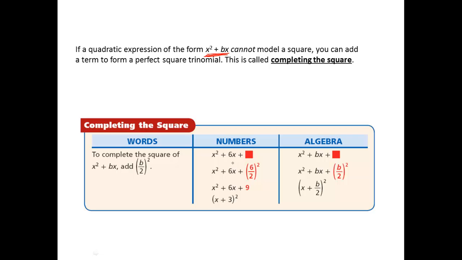Okay, so for example, we have x squared plus 6x, and we need to complete the square. So we take half of 6, square it, and we get 9. Okay, and now we have a perfect square, x plus 3 squared. Okay, so we look, half of 6 is 3, 3 squared is 9. We've completed the square. Okay, so whatever that b term is, we take half of it and square it. And that completes the square.